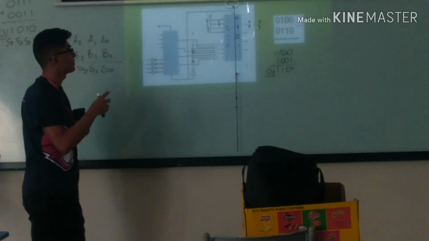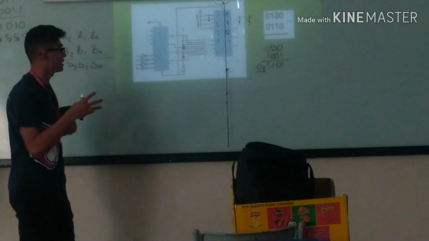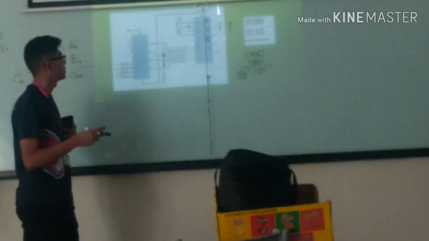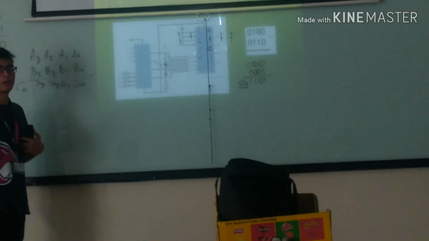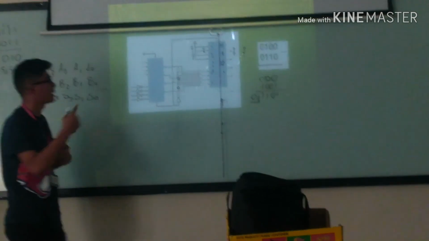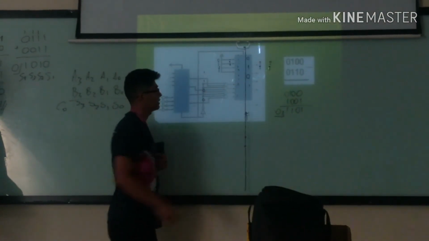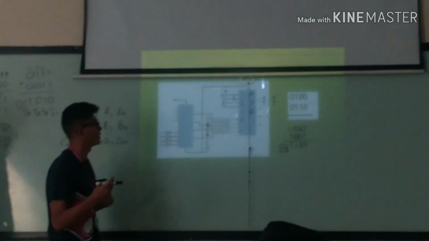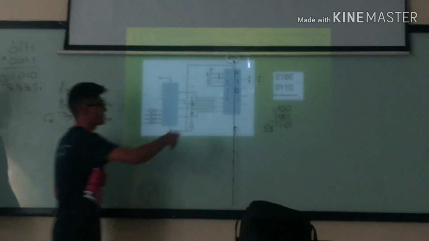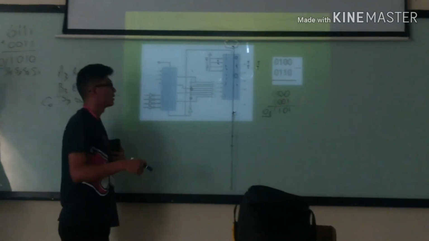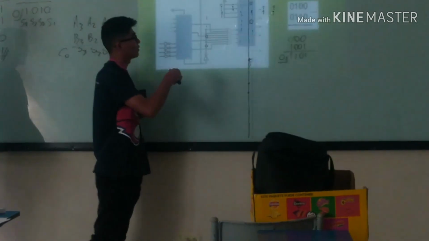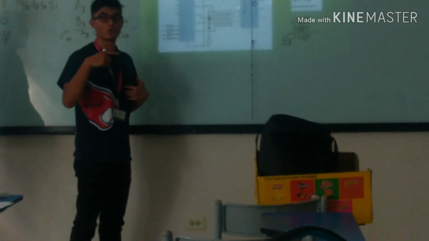Here we need 4 combinations. In this case, if we have 1 and 1, that means in the output we obtain 0. That means if we have at the same time 1 and 1 or 0, 0, the output we obtain is 0, but it's different when we have 1 and 0 or 0 and 1.